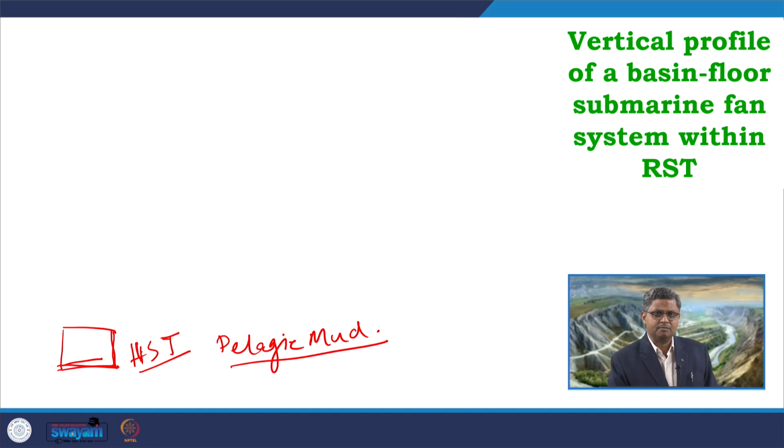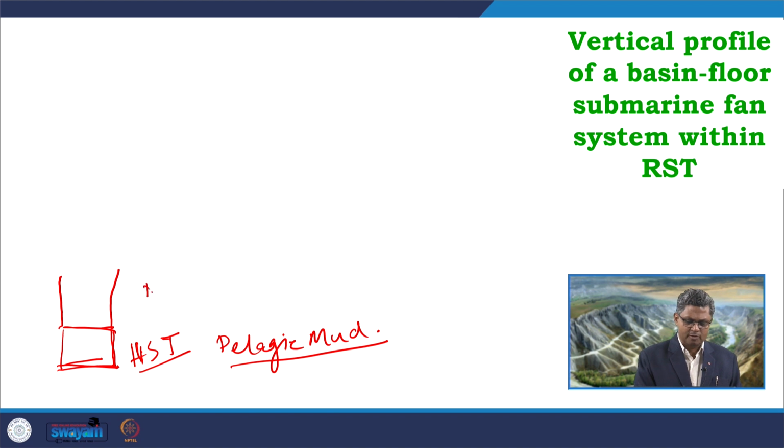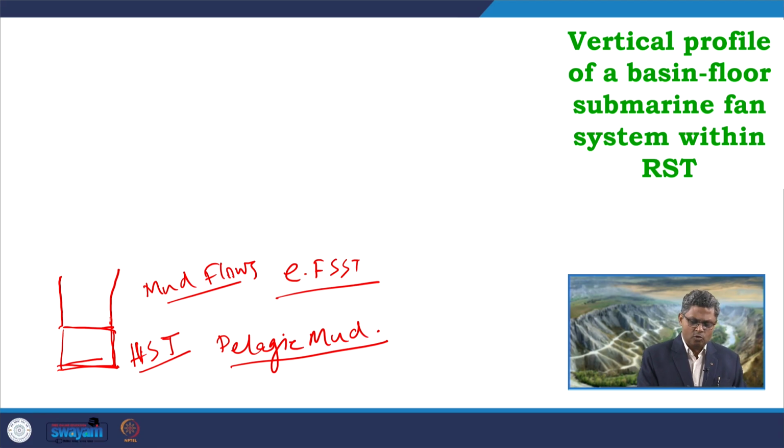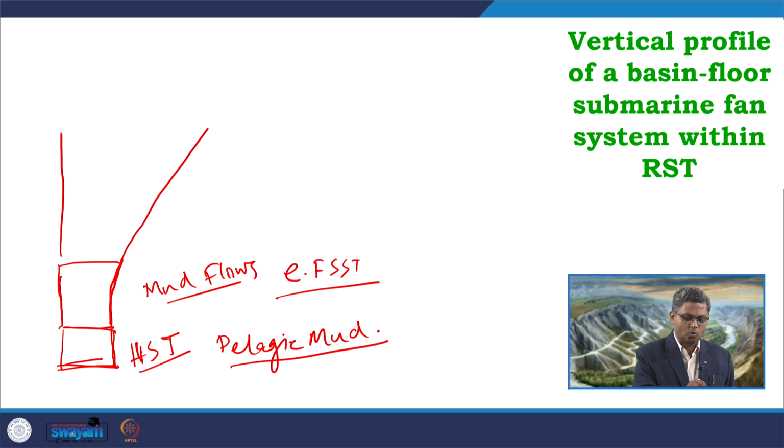Now, on this HST, what we expect is the start of the forced regression, and during the early phase of forced regression again we expect some deposition in terms of mud flow, which forms during the early phase of forced regression. This mud flow will continue till the end of this early phase of forced regression, and will be replaced by a high density turbidite where we have dominantly sand.